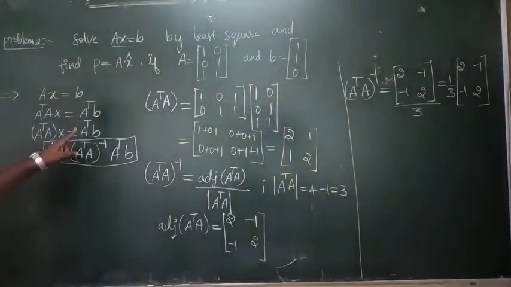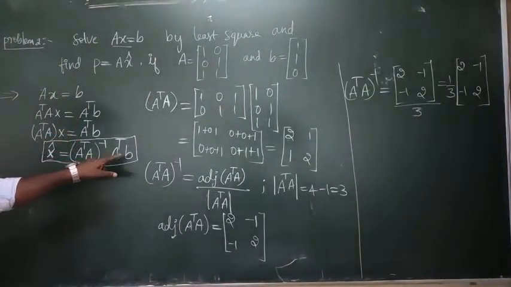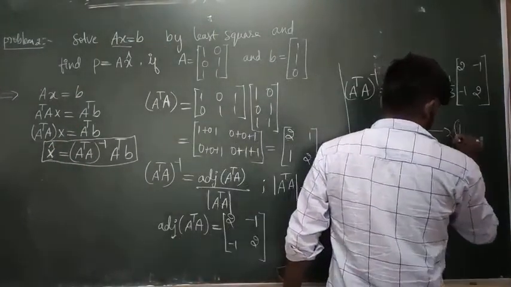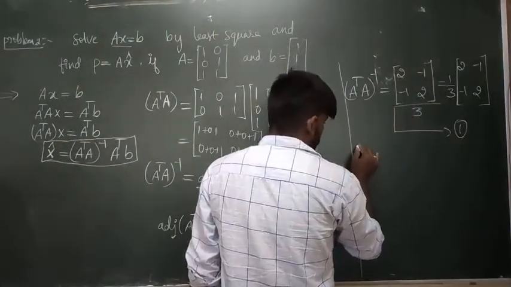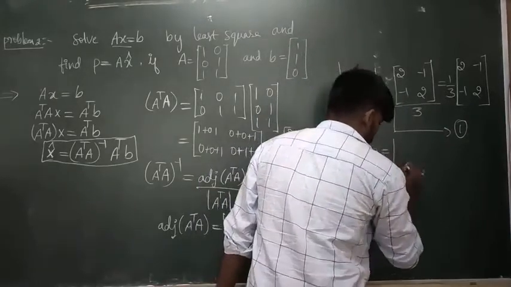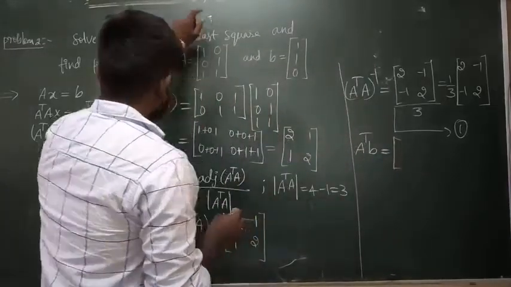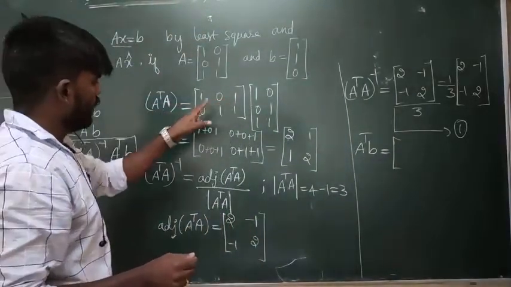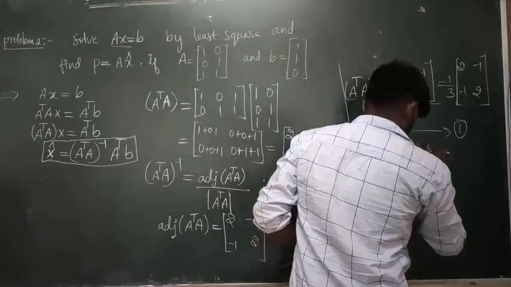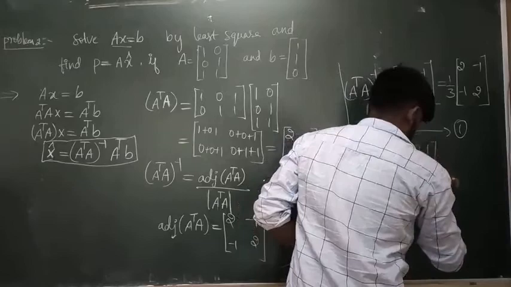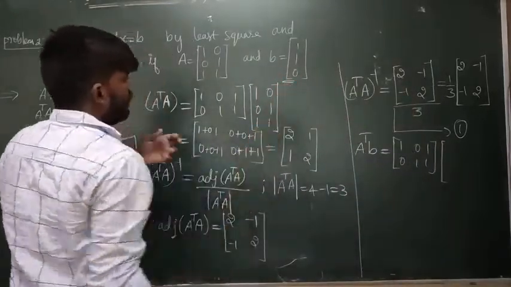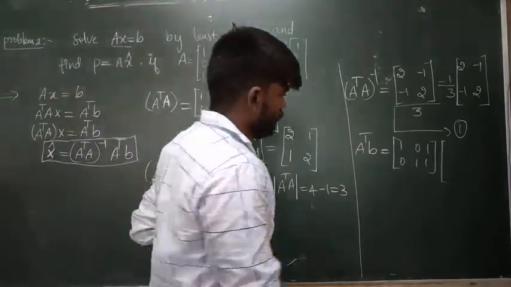Next, we have to find A transpose b. We call the previous result equation number 1. A transpose b: the A transpose matrix is [1 0 1; 0 1 1], and b is the given column vector [1; 1; 0].